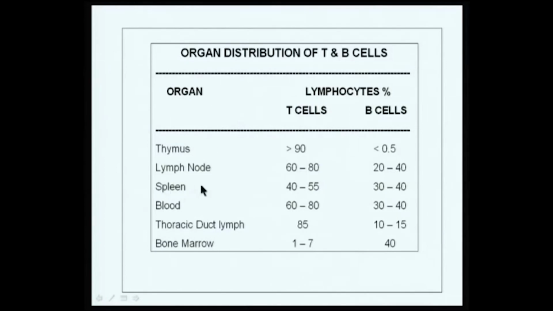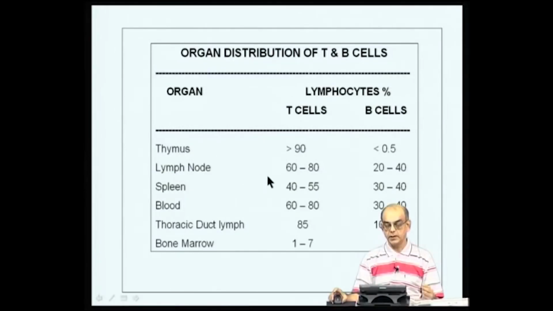So, if you were to look at the thymus being the seat of T cell differentiation, or the location of the primary lymphoid organ which teaches the immune system to distinguish self from non-self and not react against the self. 90% of the cells that go into the thymus or migrate from the bone marrow as a precursor into the thymus, most of them actually die, and most of them that form the population of the thymus are 90% T cells.